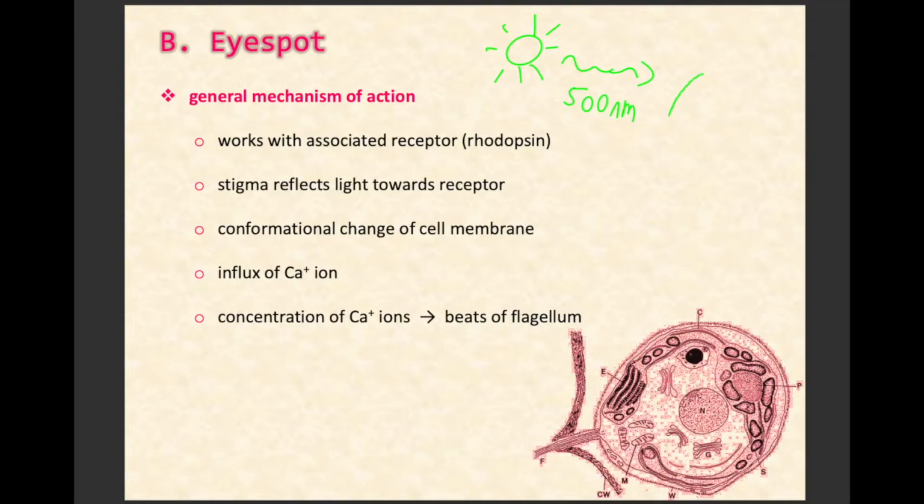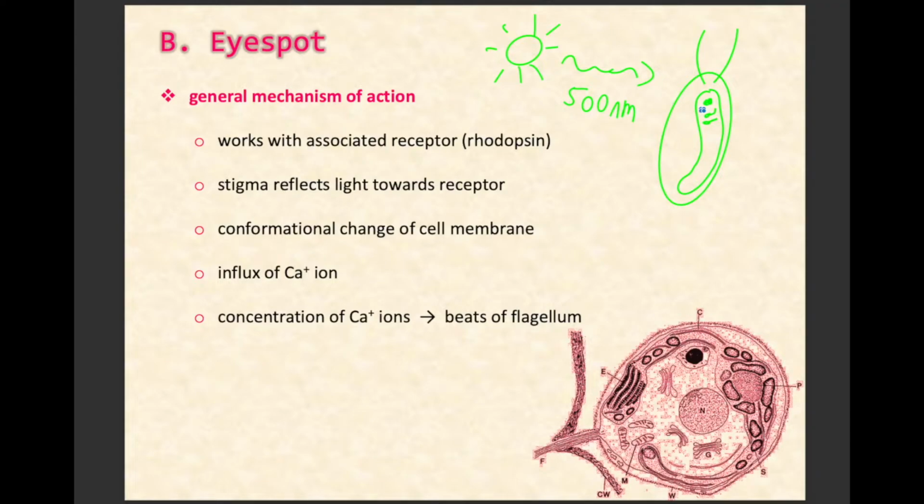Imagine this organism as your Chlamydomonas. It has your chloroplast, two flagella, your rhodopsin molecule, and your lipid droplets, or lipid globules, right near here.